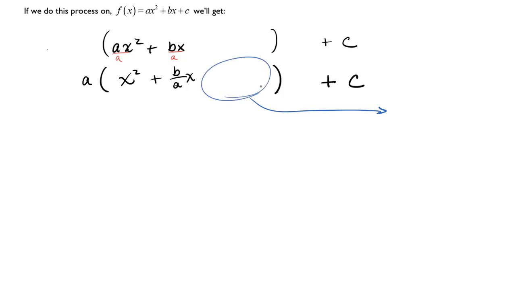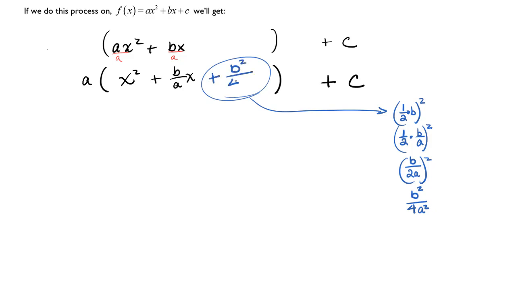Remember, our formula for finding the value to insert as the third term is 1/2 of b quantity squared, which in our case is 1/2 of b over a quantity squared. This gives me b over 2a squared, and I'm left with b squared over 4a squared. That's what I will add as the third term.